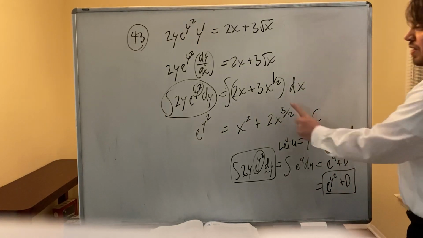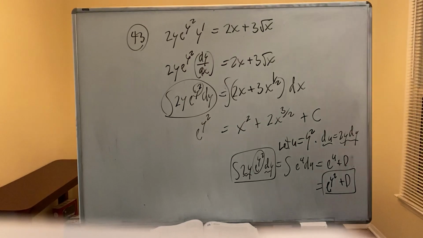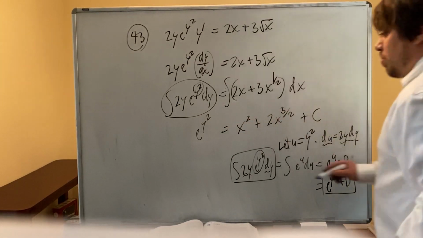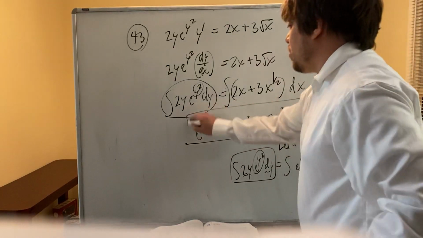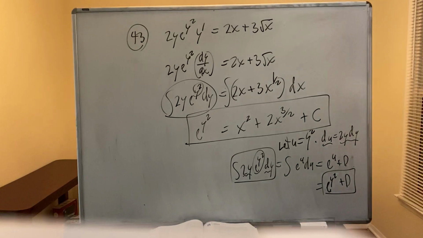So it's the constant you add to this side minus the constant you add to that side. That's this plus c here. So e to the y squared is equal to x squared plus 2x to the 3/2 plus c. That's solving for y implicitly in terms of x. And that's the general solution of this differential equation, right?